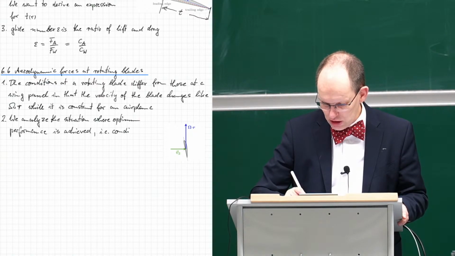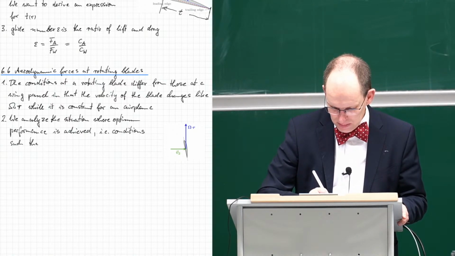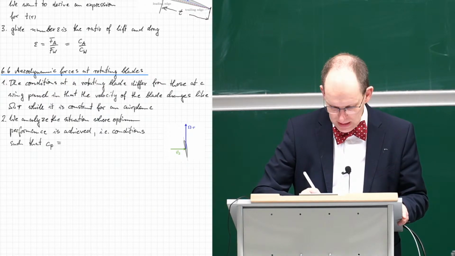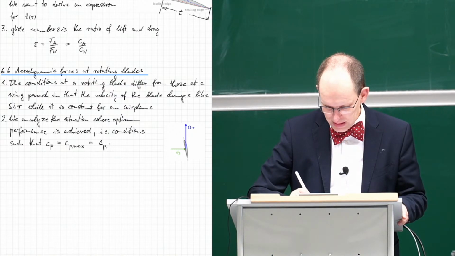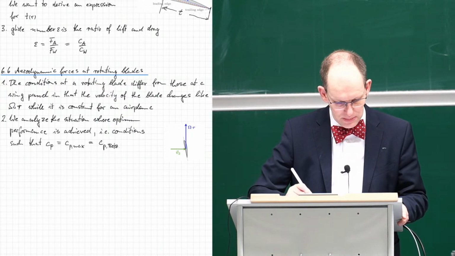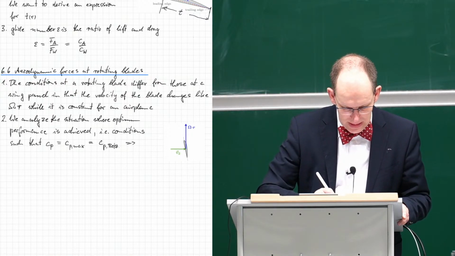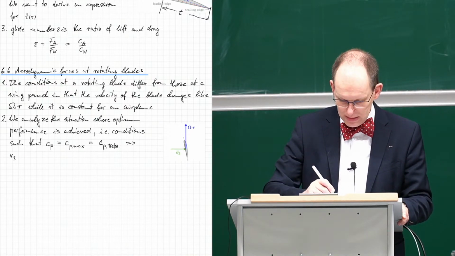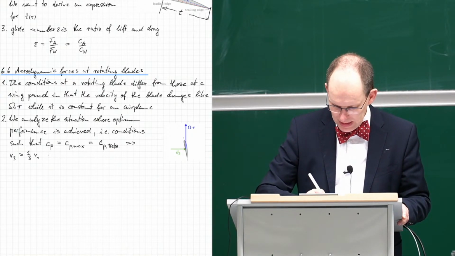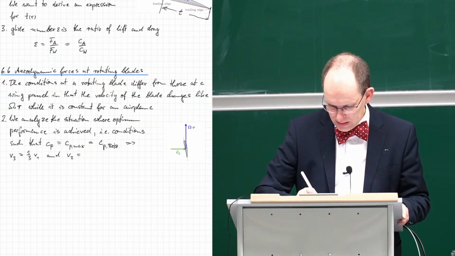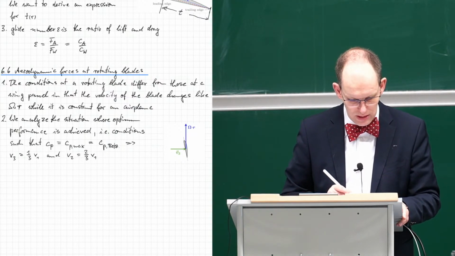This means conditions such that the coefficient of power is equal to its maximum, which is the Betz number, right? And we said that this means that the velocity far behind the windmill is 1/3 of the velocity far in front, and that V2 is equal to 2/3 of the incoming velocity. This is this green arrow here.